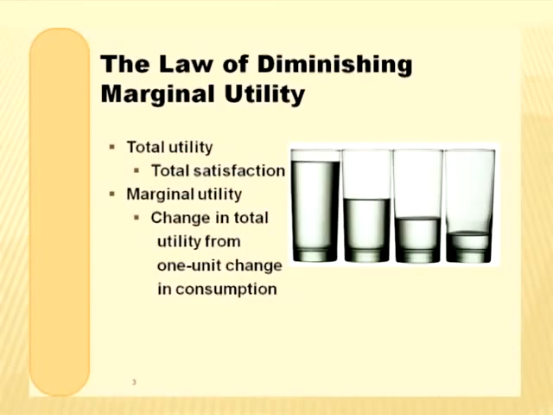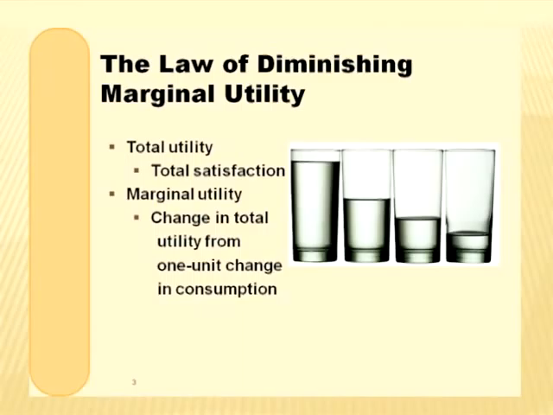The result of that is we can look at utility, we can look at satisfaction, in two different ways. We can look at it as a total, that is, if we consume multiple units of a good or service, we can look at it in total, or we can do the economist way, we can look at it at the margin. And a reminder that the word marginal simply means a change in the total.